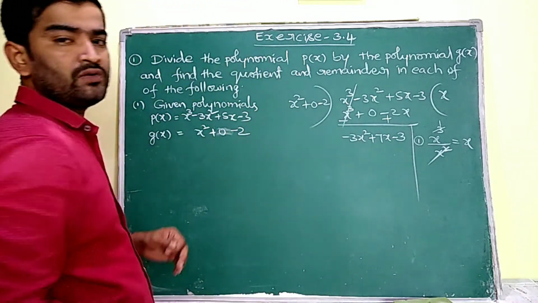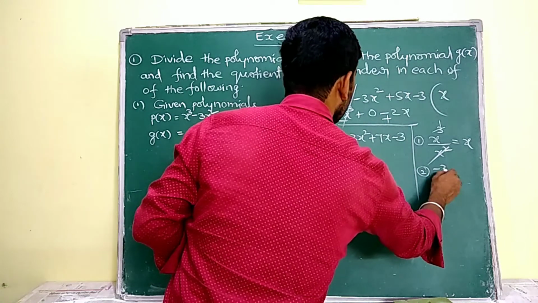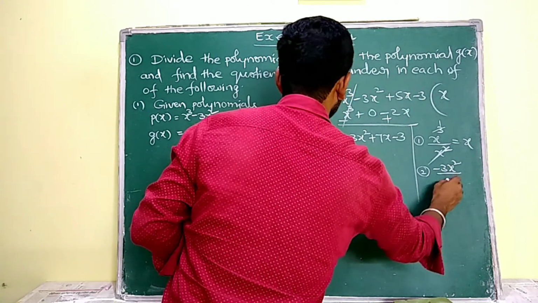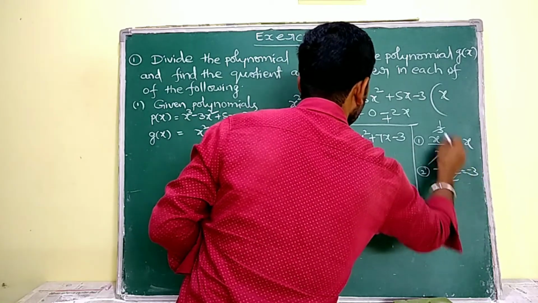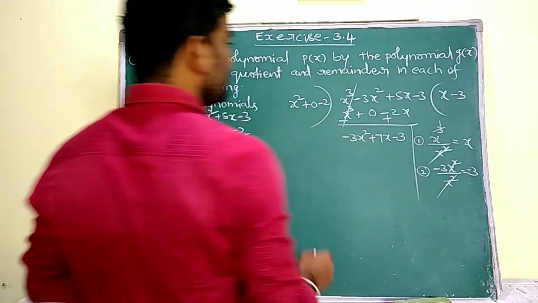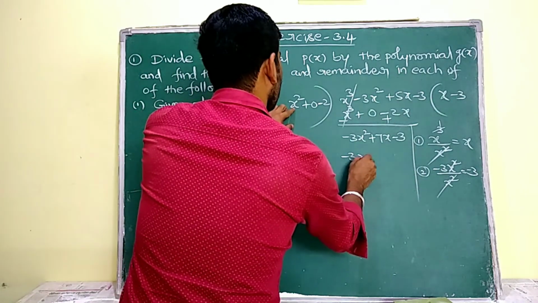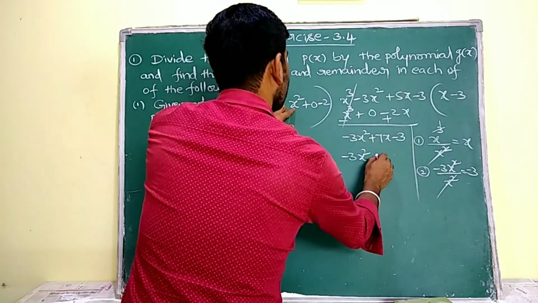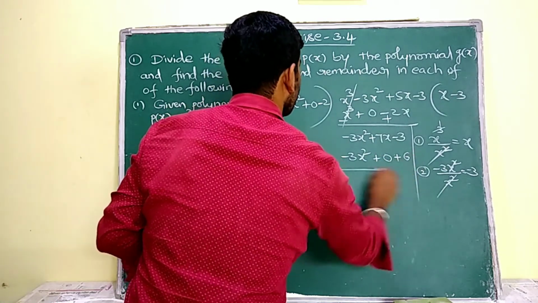To obtain the second term of the quotient, I have to divide the first term of the dividend by the first term of the divisor. X square and x square are going to be cancelled. Then minus 3 is my second term of the quotient. Then minus 3 into x square, minus 3x square, minus 3 into 0, 0, minus 3 into minus 2, plus 6.